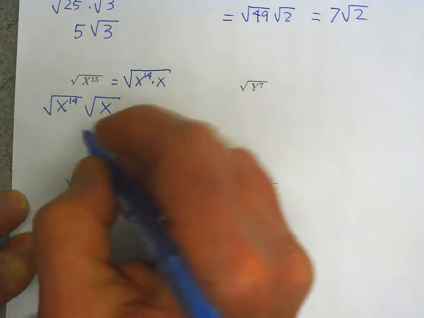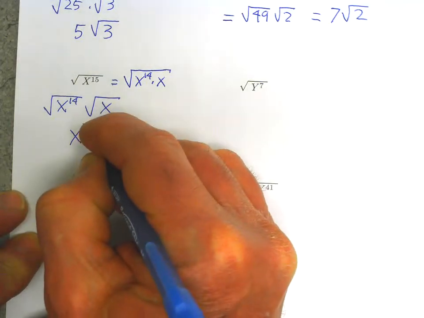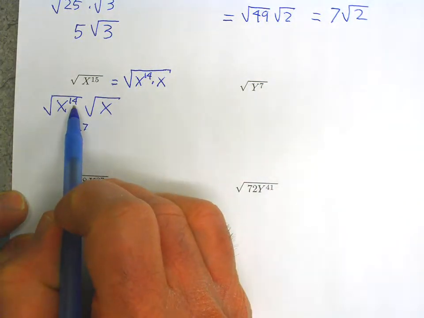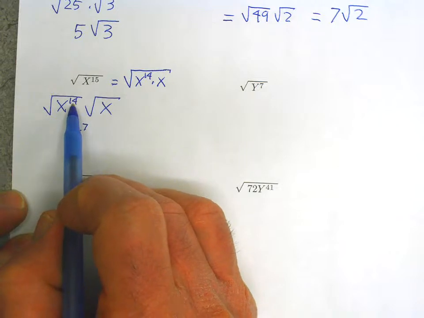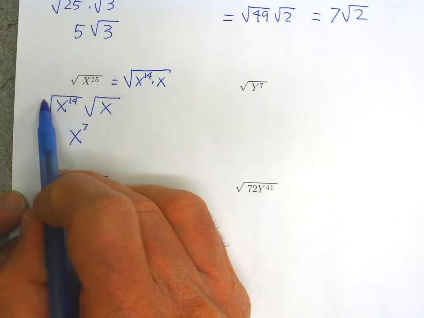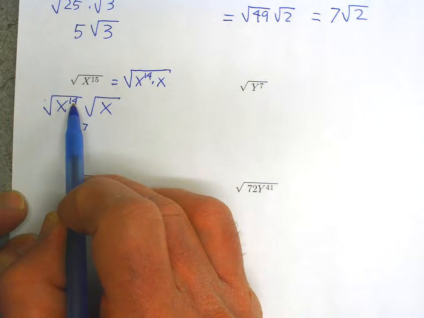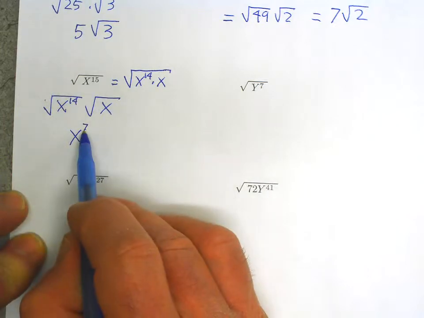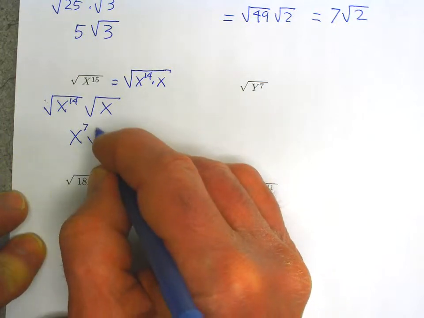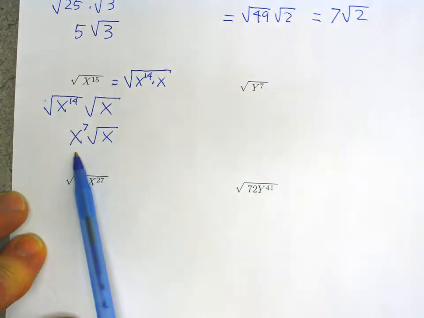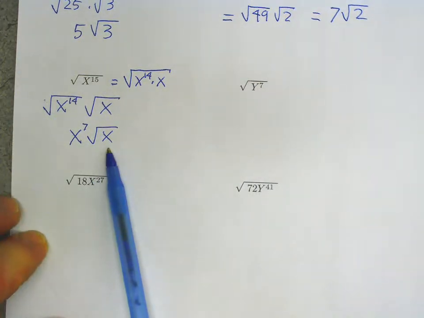That simplifies to x to the 7th. Since the index of a square root is 2, which we don't normally write, you can divide 14 by 2 to get x to the 7th. And so the simplified result of this one is x to the 7th times the square root of x.